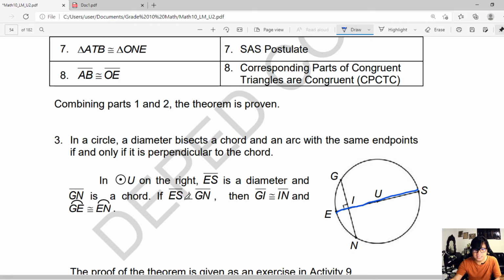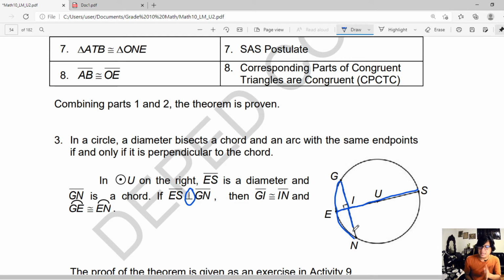If ES is perpendicular, this symbol is read as perpendicular, line segment ES is perpendicular to line segment GN, then line segment GI is congruent to IN, and the arc GE, this one, is congruent to EN.